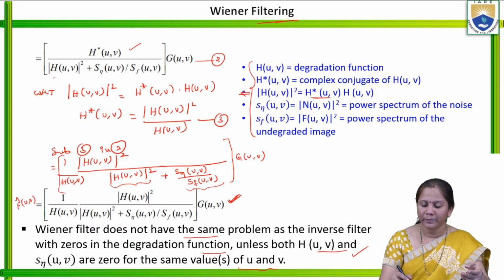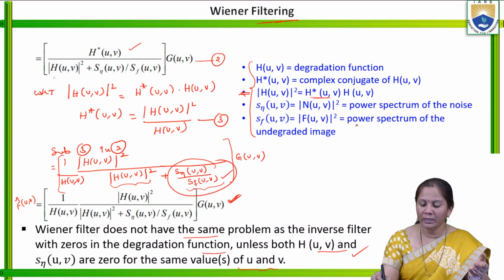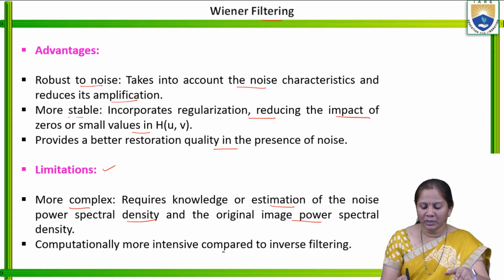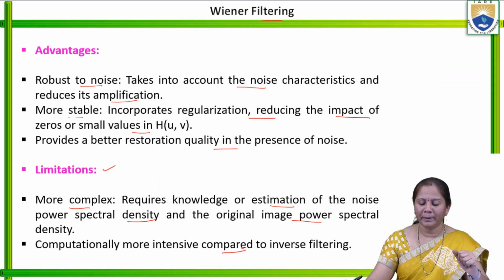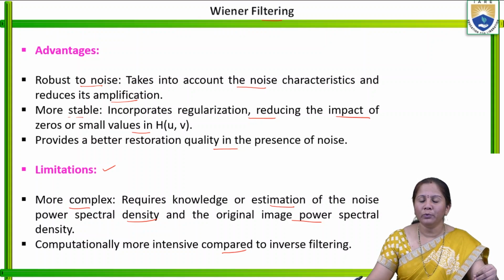We should have knowledge about sf of u comma v, which is the power spectrum of the undegraded image, and s eta of u comma v, which is the power spectrum of the noise, and it is computationally more intensive compared to inverse filtering. So it has overcome the limitation of inverse filtering, but the Wiener filter also has a small limitation, like needing the knowledge of sf of u comma v and s eta of u comma v.